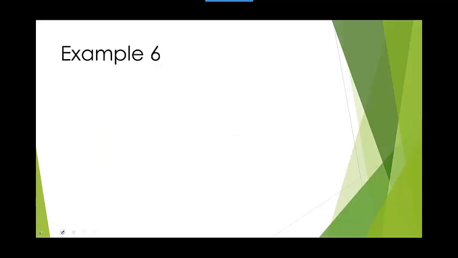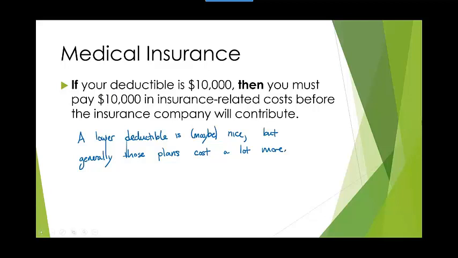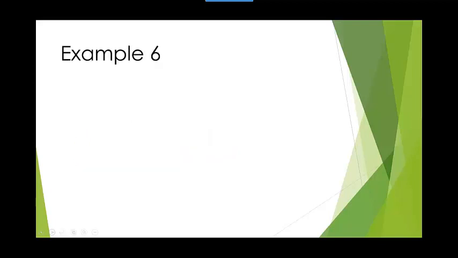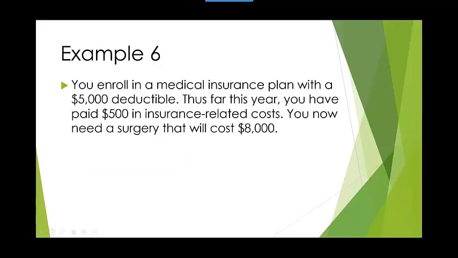So you get what you pay for. If you want to have that perk where in a disaster you are covered and you don't have to pay as much, you have to pay more per month to have the privilege to own that security, basically. So I've just got one last example before we're done for the day about deductibles.